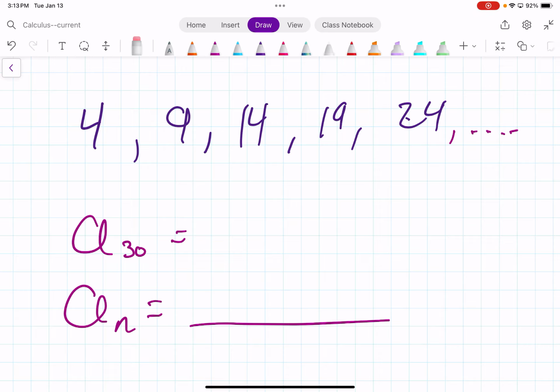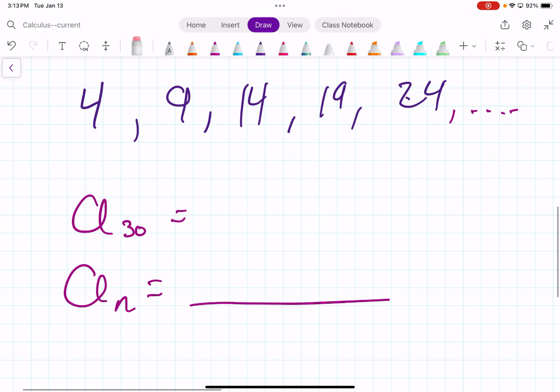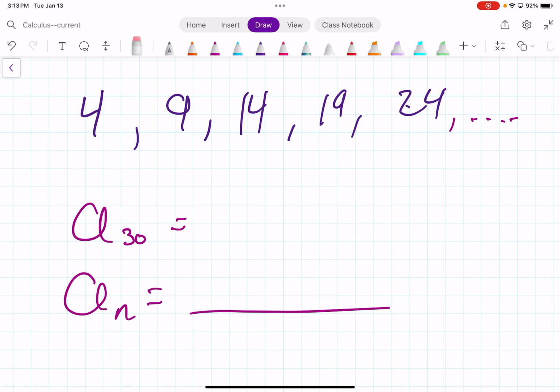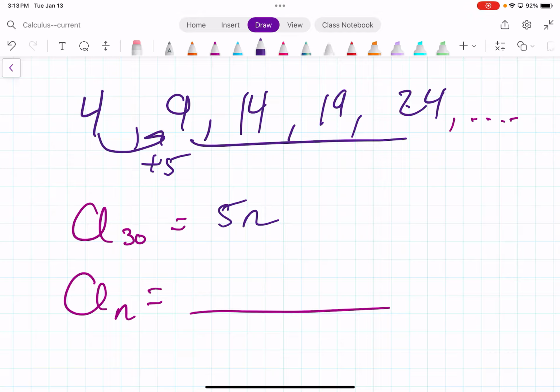Now, first, arithmetic? Yes. Definitely. Okay. So now you could look at this and go, okay, plus 5 consistently, so it must be 5n. You okay with that?